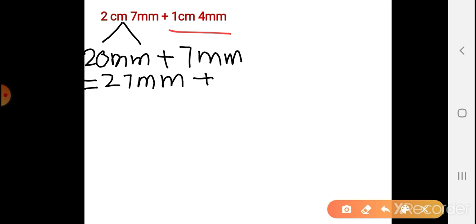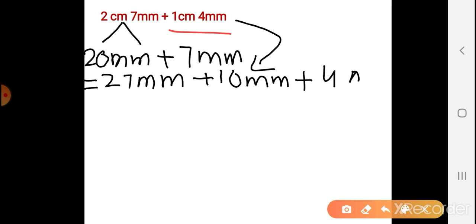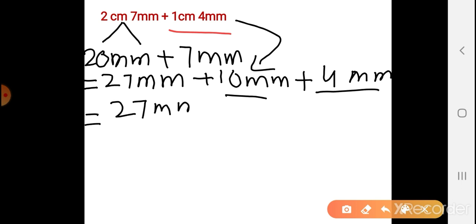Now coming to 1 centimeter and 4 millimeters, we know that 1 centimeter equals 10 millimeters and 4 millimeters would be the same. So if we add 10 millimeters and 4 millimeters, we get 14 millimeters.